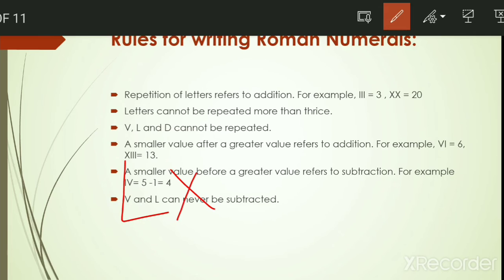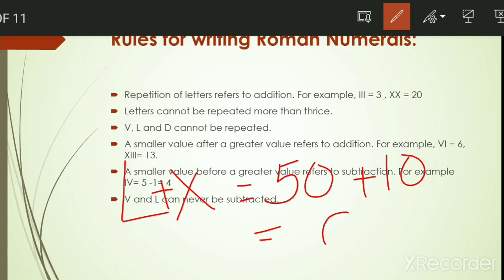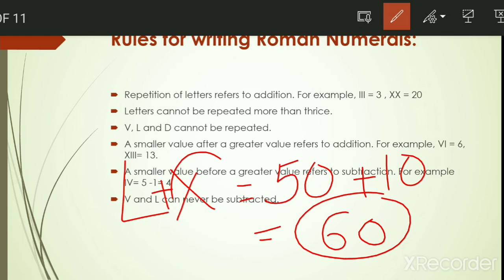LX means we are adding the two letters. How? Just add these two numbers, 50 and 10, so you have 60. Why are we adding? Because here I have written a smaller value after the greater value.